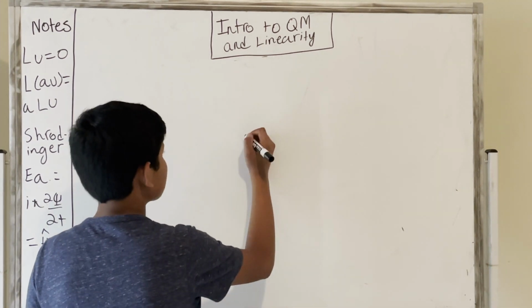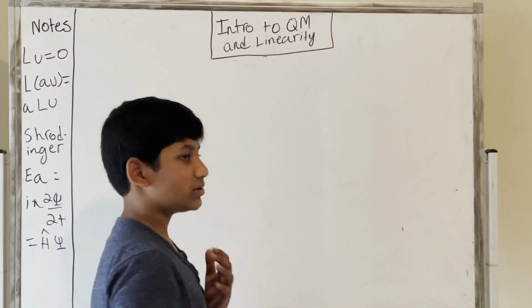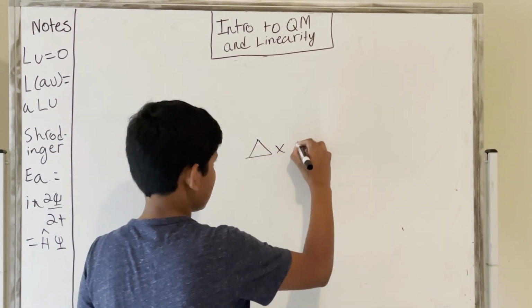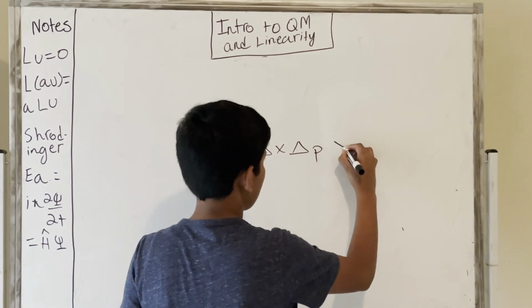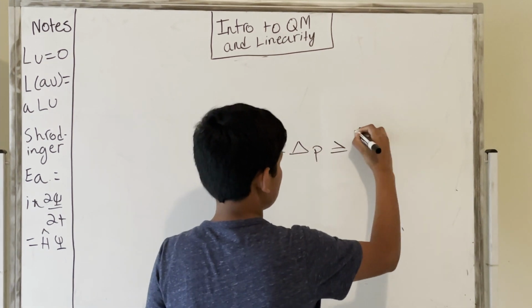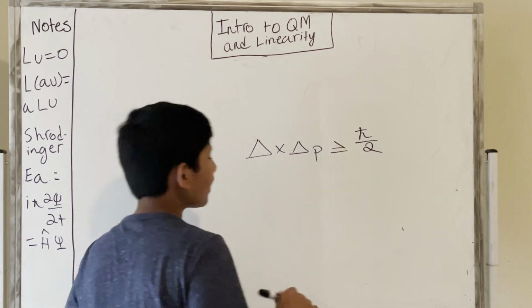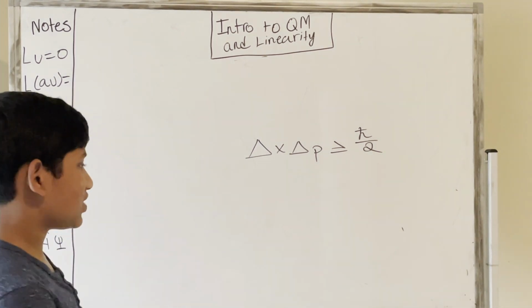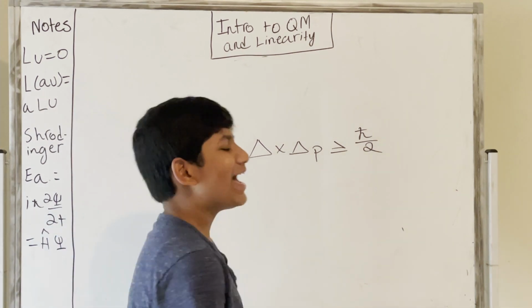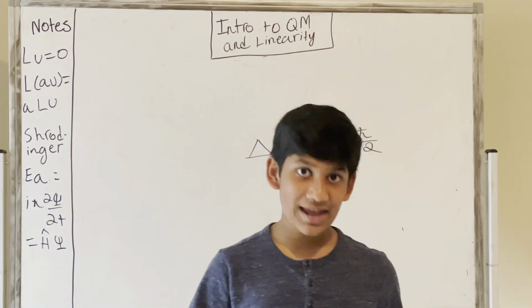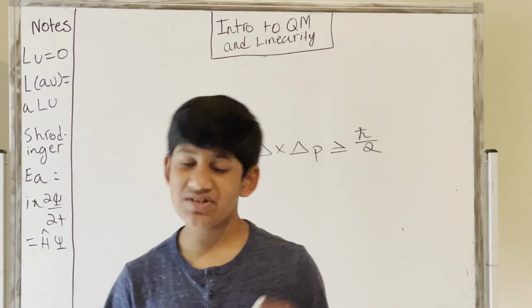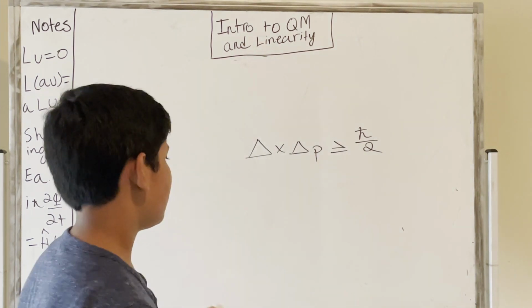So, Heisenberg's equation. What is Heisenberg's equation? Well, Heisenberg's uncertainty principle, as it's more commonly called, is delta x delta p is greater than or equal to h bar over 2. So this is essentially our equation, and this is just stating that we cannot find the position and the velocity at the same time, because one of these variables means position and one of them means the velocity.